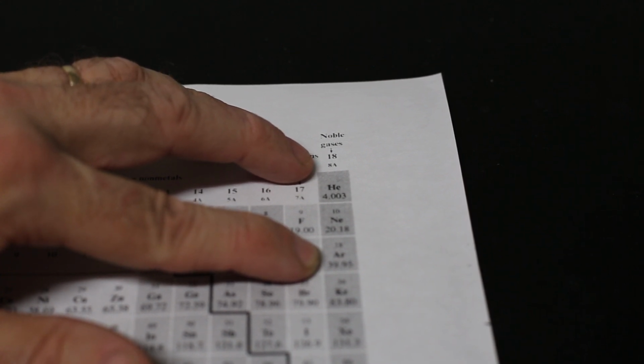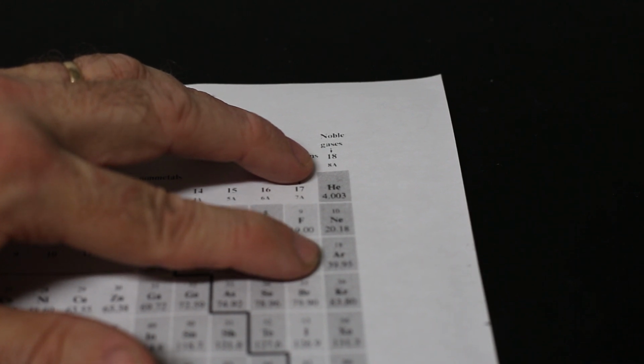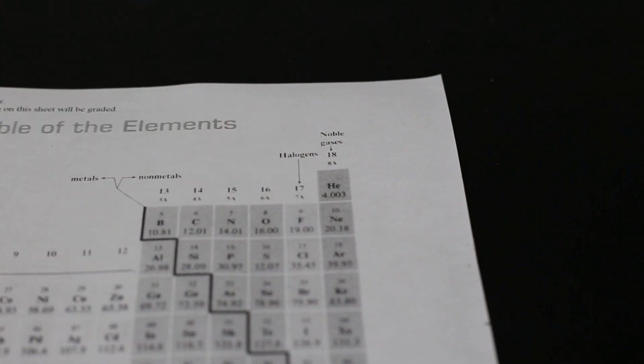As a matter of fact, argon is sometimes used in incandescent lights, in the Thomas Edison light bulb. We use this as a way of keeping the very, very hot filament from bursting into flames. So we used argon to make sure that it didn't react with anything.